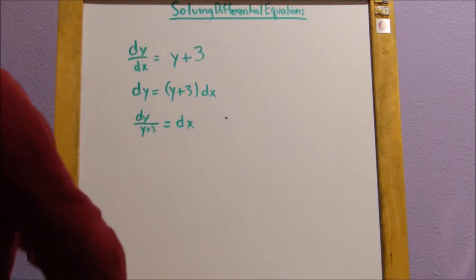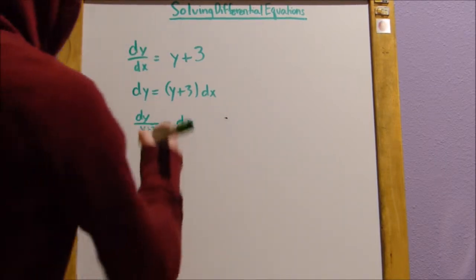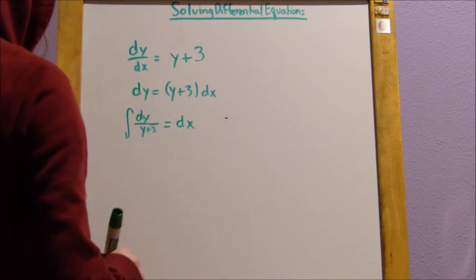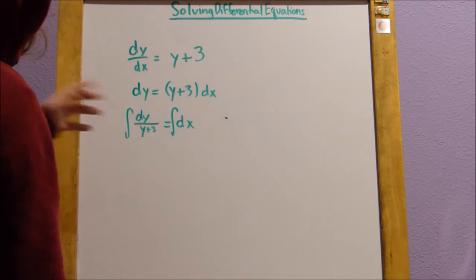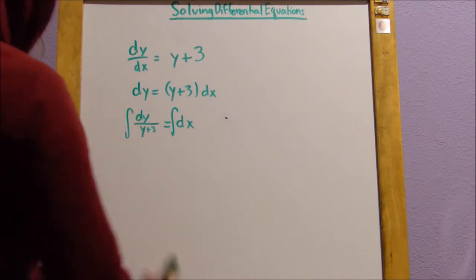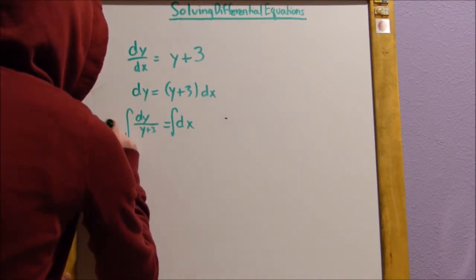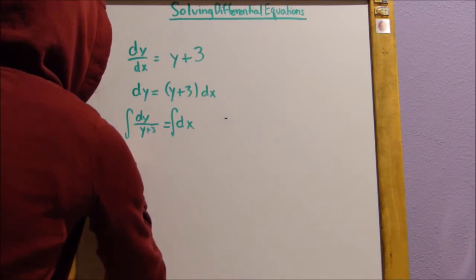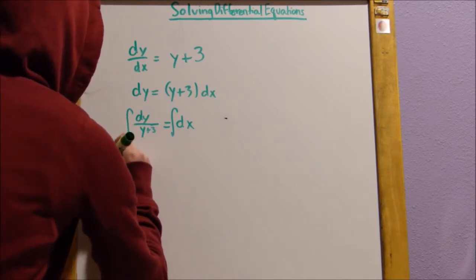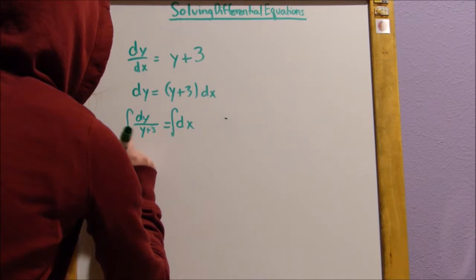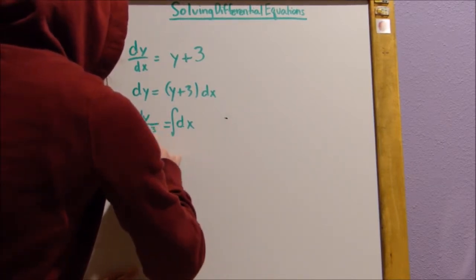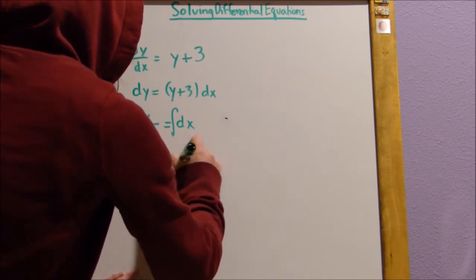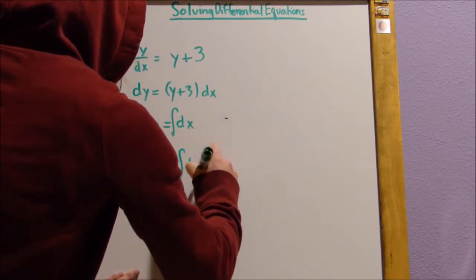Now like that last problem, we're going to antiderive both sides again. Antiderivative of dy over y plus 3 and antiderivative of dx. So here, we can use substitution. If u is going to be y plus 3, then du is going to be just dy. So we plug in u. 1 over u du equals antiderivative of dx.